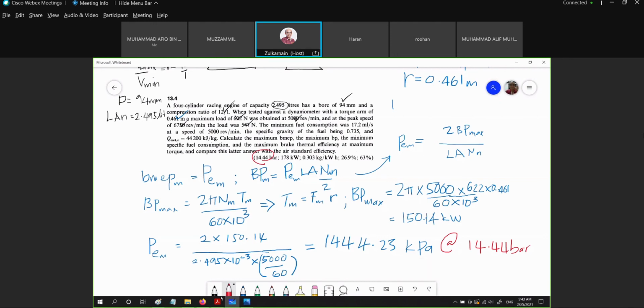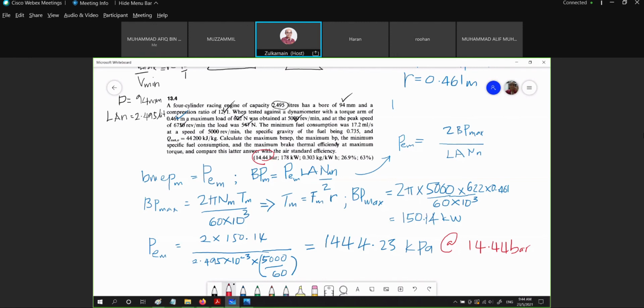Next, the minimum specific fuel consumption. So how to get the minimum specific fuel consumption? Before that, calculate the maximum BMEP, the maximum BP.